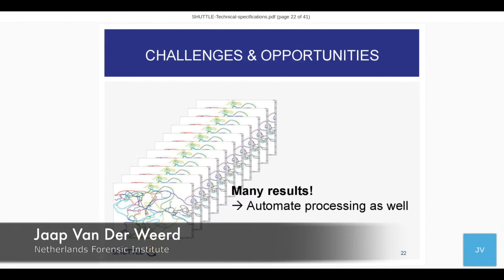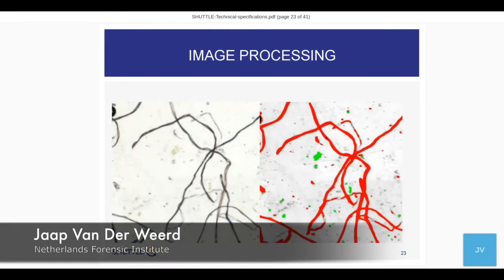We did some initial tests for that. It's possible. Within NFI we built a prototype which is far from production, but still gives quite nice images. We acquired some images, did some image processing, and asked the computer: give me the image, and if you think something is blood, make it green.